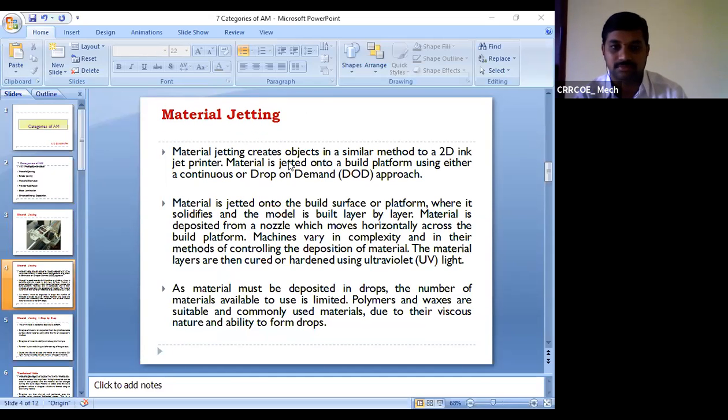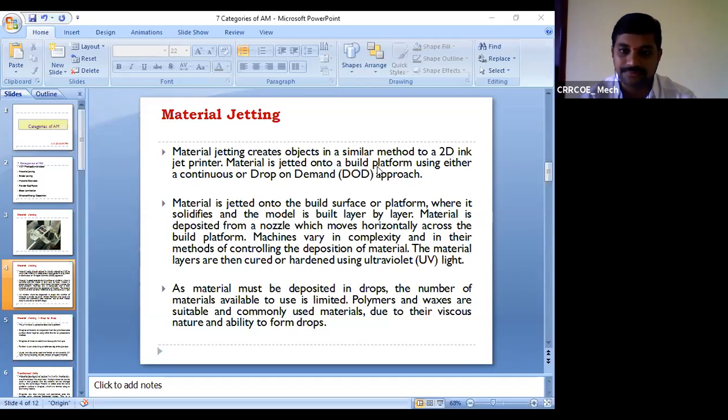Here, see, material jetting is one of the additive manufacturing processes or categories. Material jetting creates objects in a similar method to a 2D inkjet printer. Material is jetted onto the build platform.